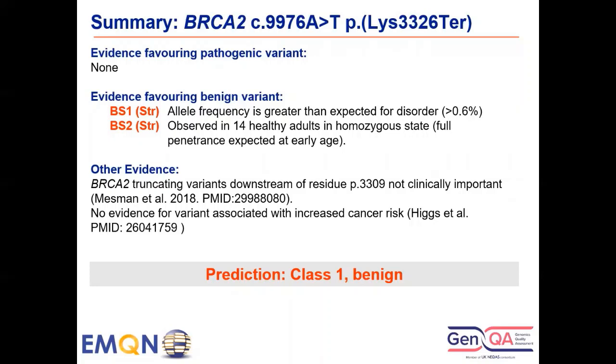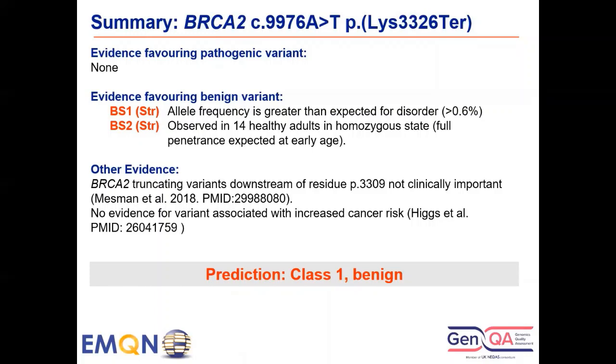However, there was evidence favouring that this was a benign variant, applied in terms of BS1 strong, in that the allele frequency was shown to be greater than expected for the disorder at greater than 0.6%. The expert panel also applied BS2 strong, as it was observed in 14 healthy adults in a homozygous state, and full penetrance in homozygote form would be expected at an early age.